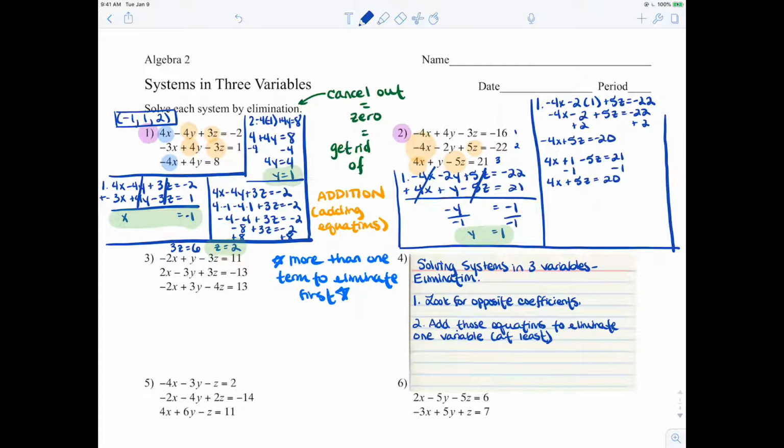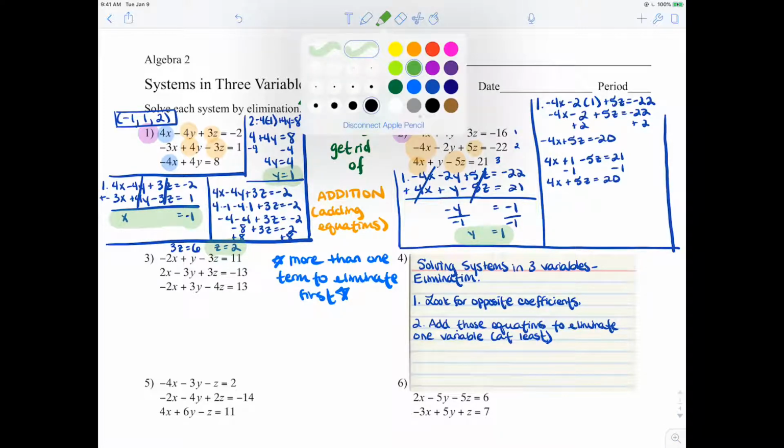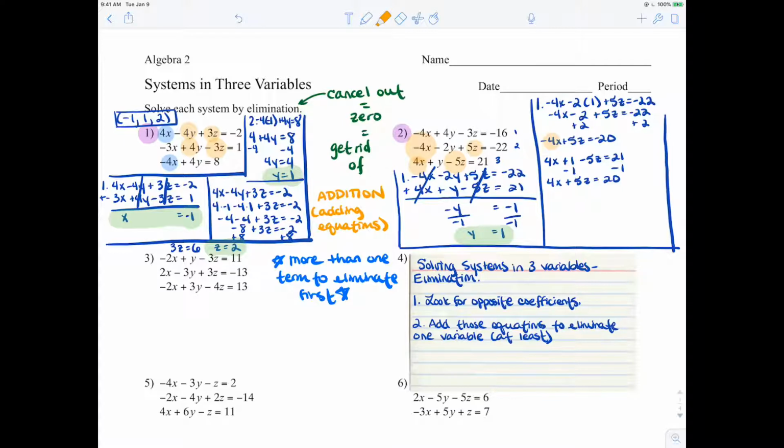And I see here I luckily have in my two equations two opposite coefficients, negative 4x, positive 4x. So we'll rewrite negative 4x plus 5z equals negative 20, and this 4x is the same. We'll add these two equations together.